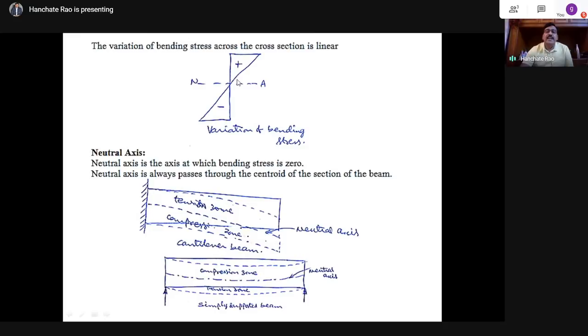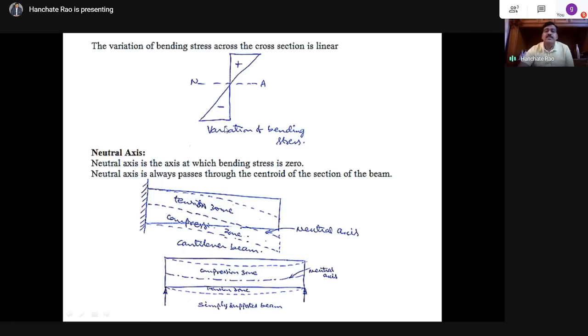Whether you take sagging as positive and tensile stresses positive, compressive stresses negative, or compressive stresses positive and tensile stresses negative, whatever sign convention you follow, you have to adopt accordingly. If tensile stress is positive and compressive stress is negative, this indicates the stress distribution in a cantilever. If compressive stress is negative and tensile stress is positive, this indicates a simply supported beam. So depending upon the sign convention, you have to follow a consistent sign convention.